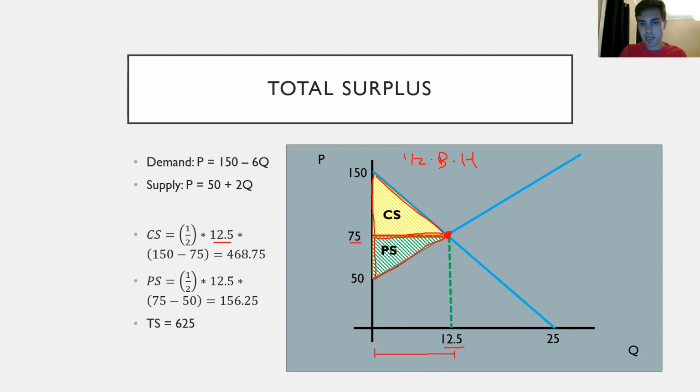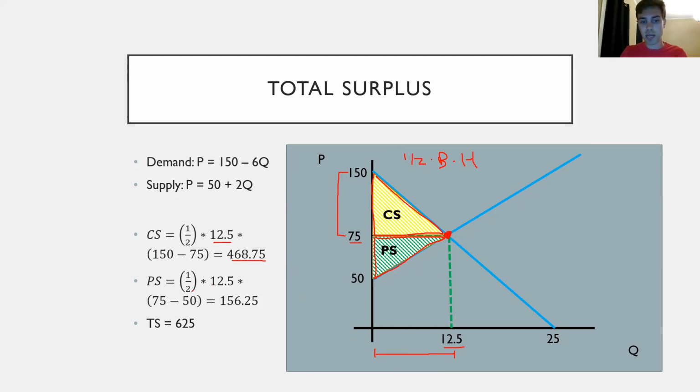And the height is just going to be the difference between the y-intercept of the demand curve and the equilibrium price, which is 75. So we're going to have 1/2 times 12.5 times 150 minus 75. And so that's just going to give us a total consumer surplus of 468.75.